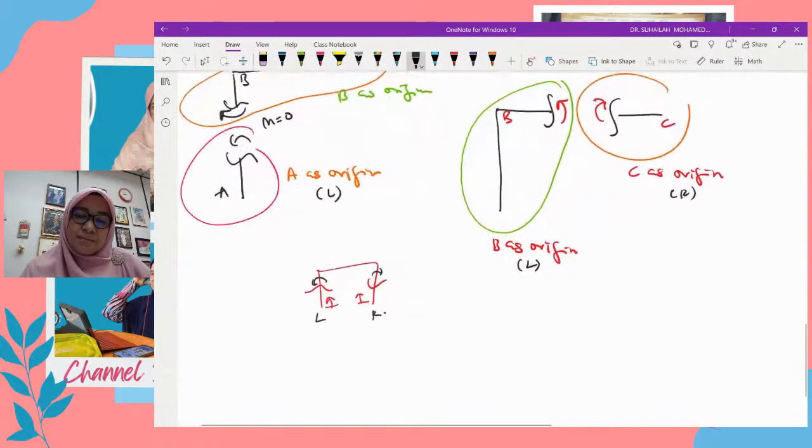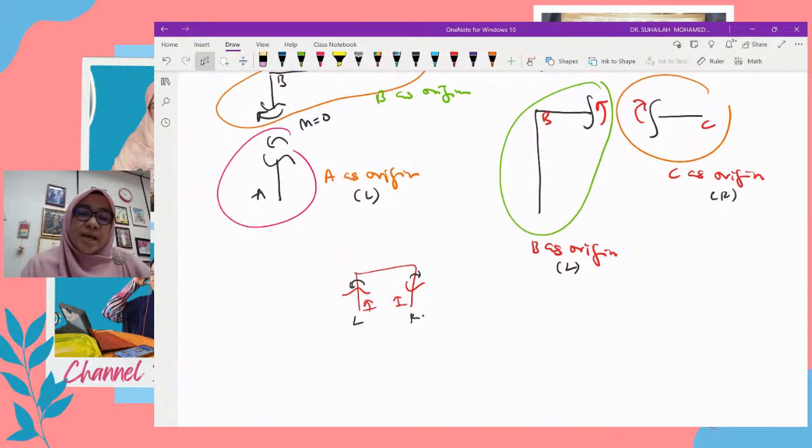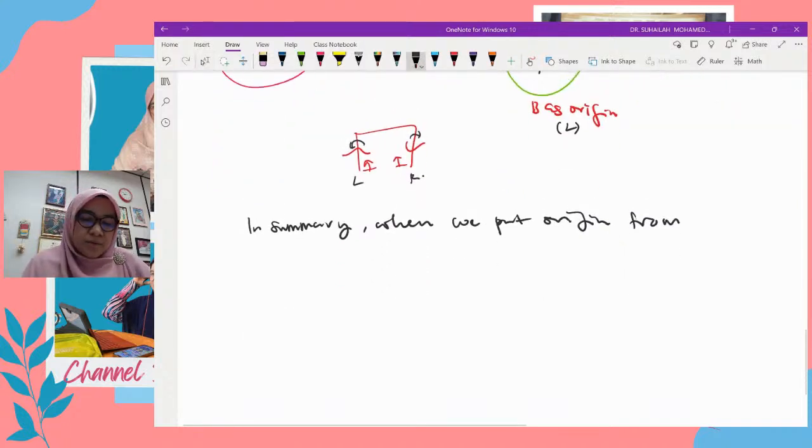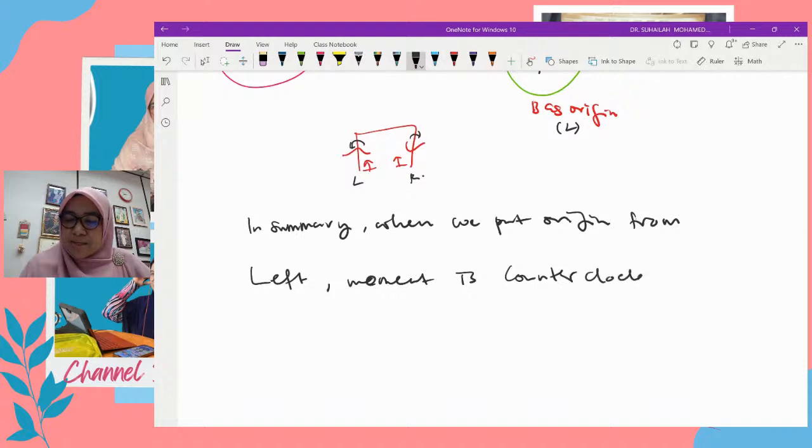in summary, when we put origin from left, the moment is counterclockwise.